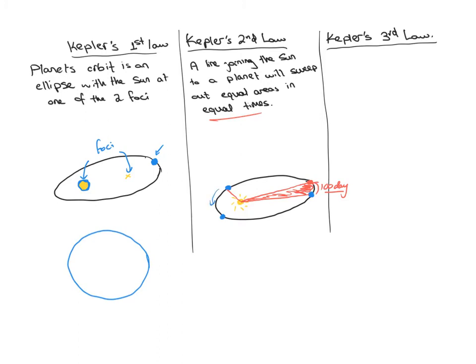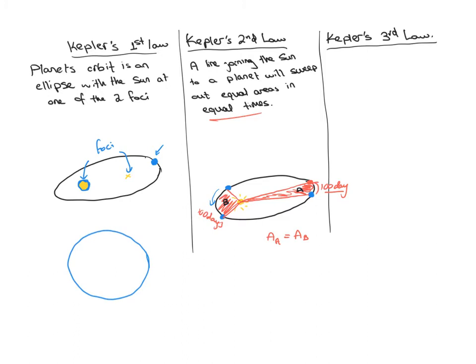We call this area A and this area B. Both of these motions took 100 days, then area A should be equal to area B. So basically, if you join the sun to the planet at different parts of its journey, it will sweep out equal areas in equal times. These two laws are quite straightforward and simple.